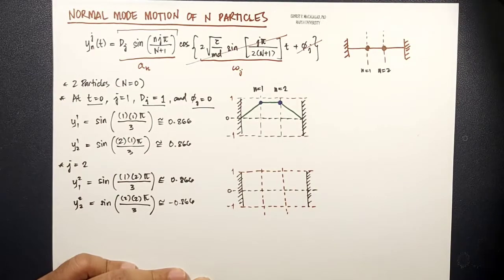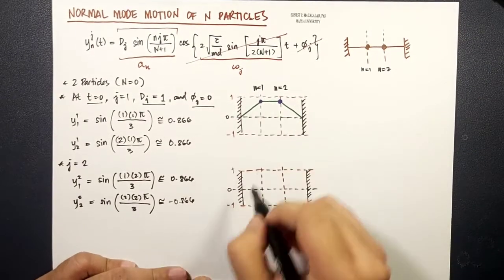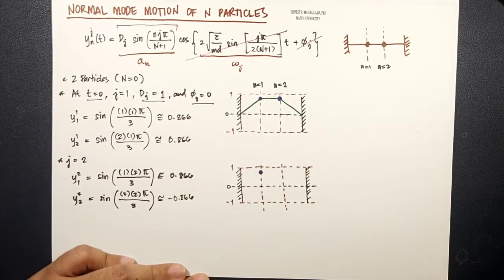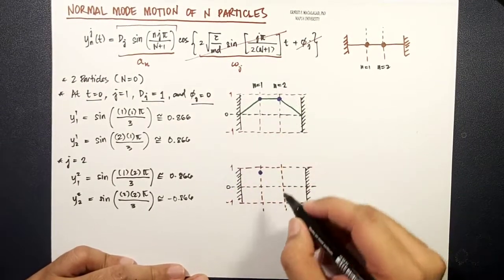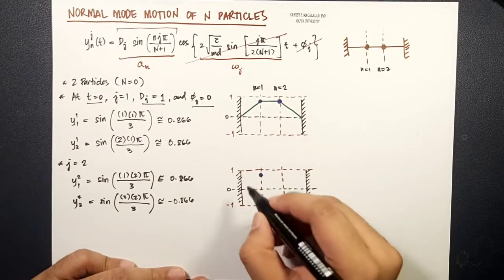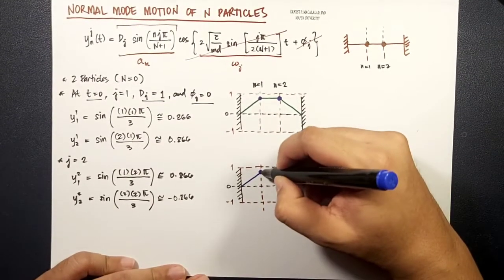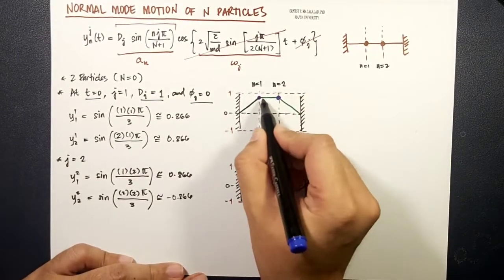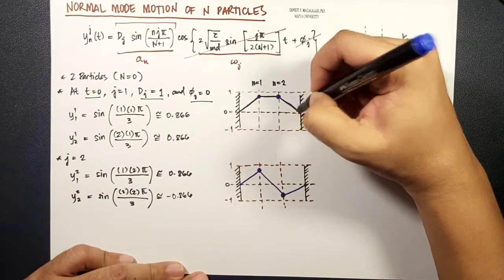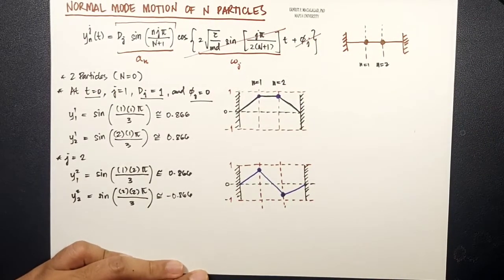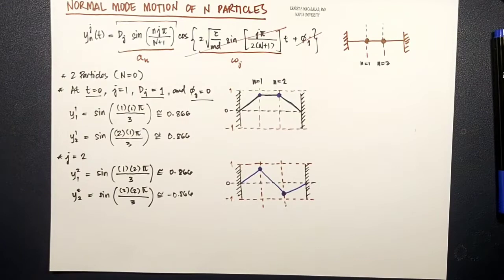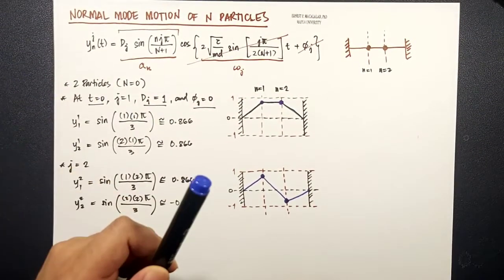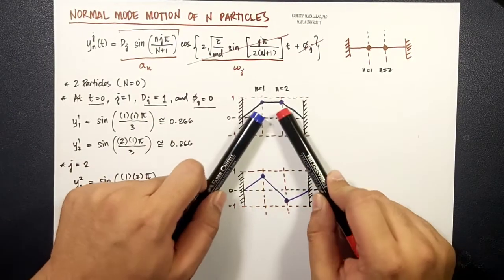Okay, so our first particle n equal to 1 would be in the same position as this, but the second particle n equal to 2 would be here. It will look like this. Now comparing the two, this is particle 1 and this is particle 2.